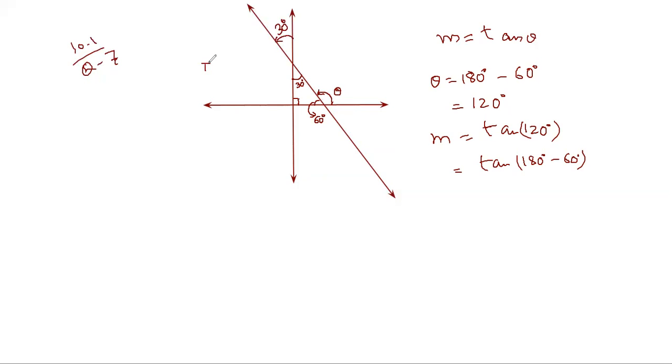In the second quadrant only sine is positive, tan is negative. So this will be minus tan 60 degrees, and the value of tan 60 degrees is root 3. So the answer is minus root 3, the slope of this line.